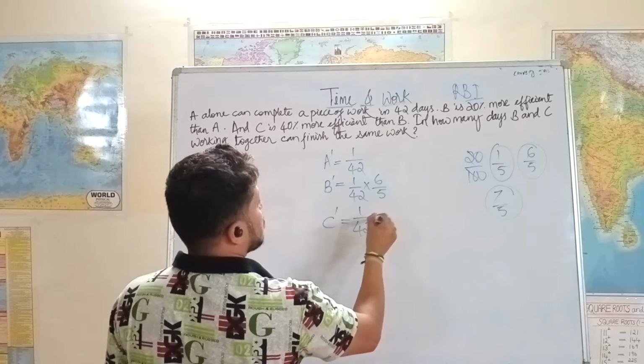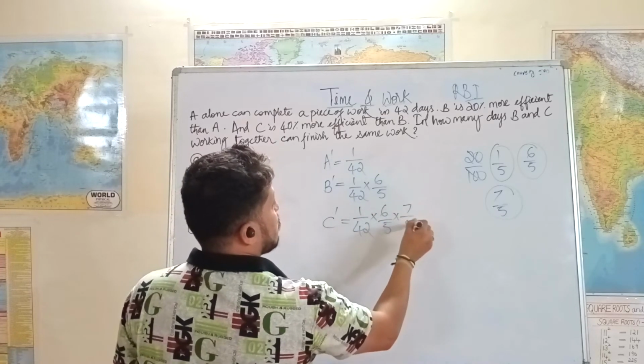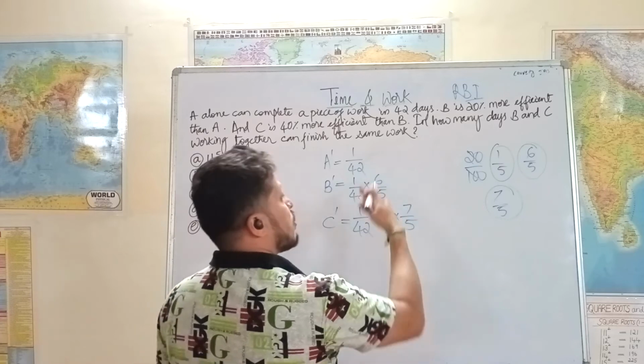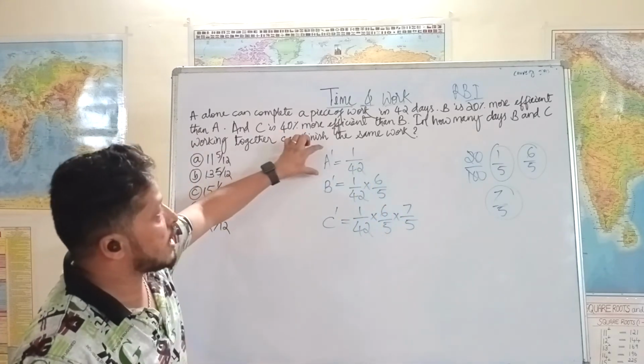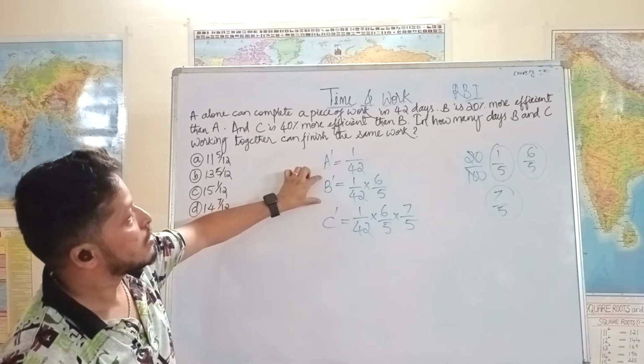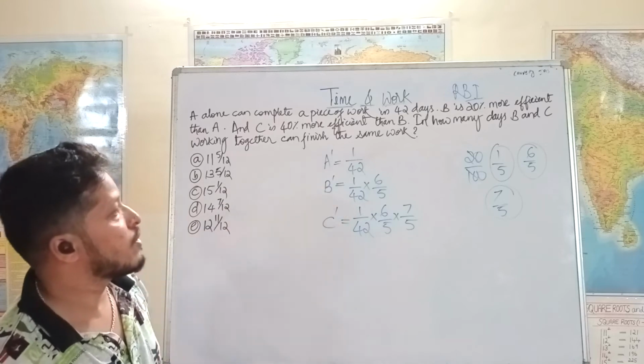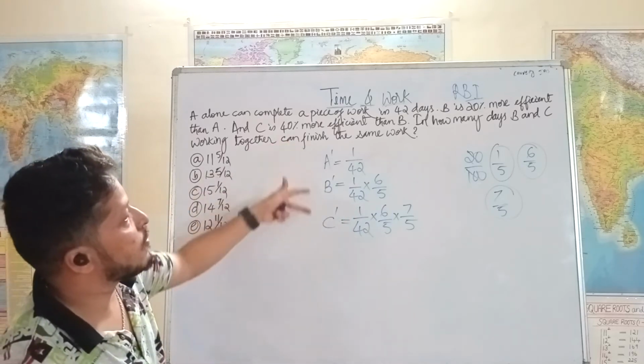So first we'll write what is B's efficiency. Now 7 by 5 is multiplied with that to get 140% of this. This is 120%, so this is 140% of this, 40% more. Okay, now we have individual efficiency for all three.